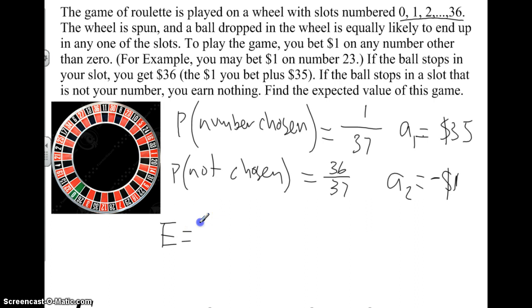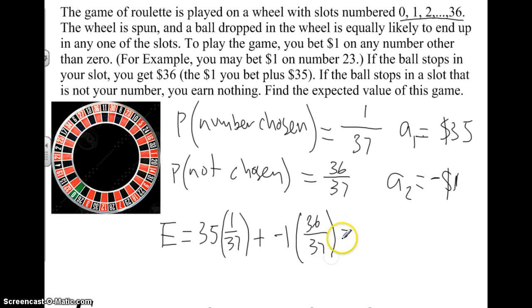E equals 35, our earning, times the probability, plus our earning for not chosen, times the probability, which equals -1/37, which means nothing to us because we're looking for the expected value of winning the game in money, which is about -0.03 or -3 cents. So what this is saying is that over time, you are expected for each time you play to lose 3 cents.